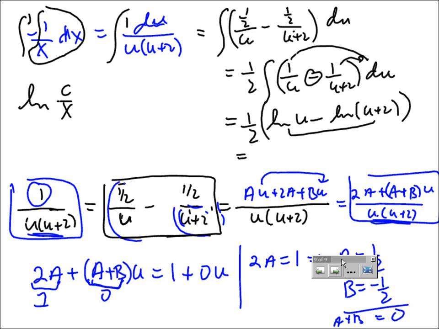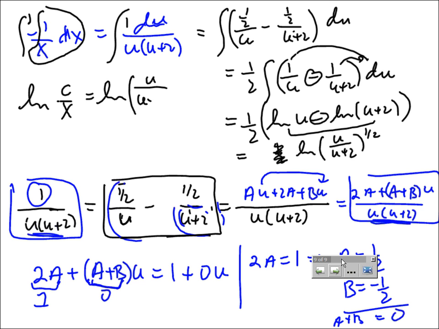When you have ln of one thing minus ln of another thing, you have ln of the fraction. The half in the front I'll bring up as the power. So this is equal to ln of u over u plus 2 to the half.